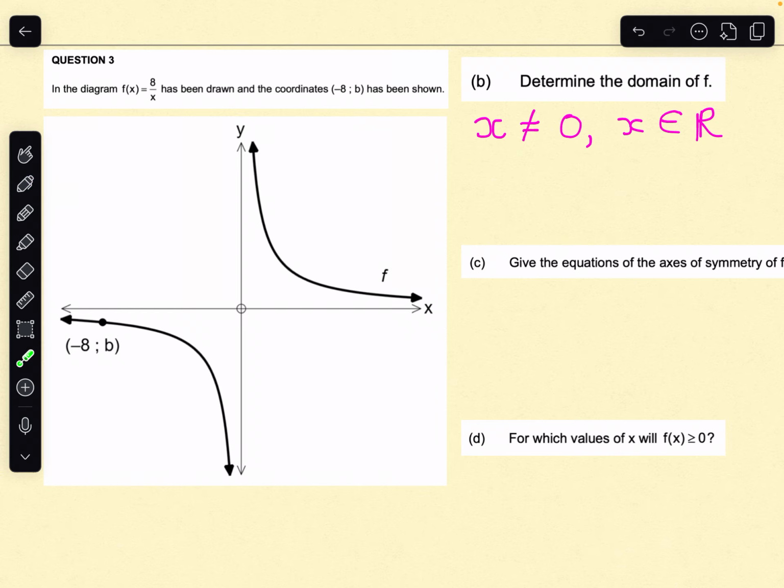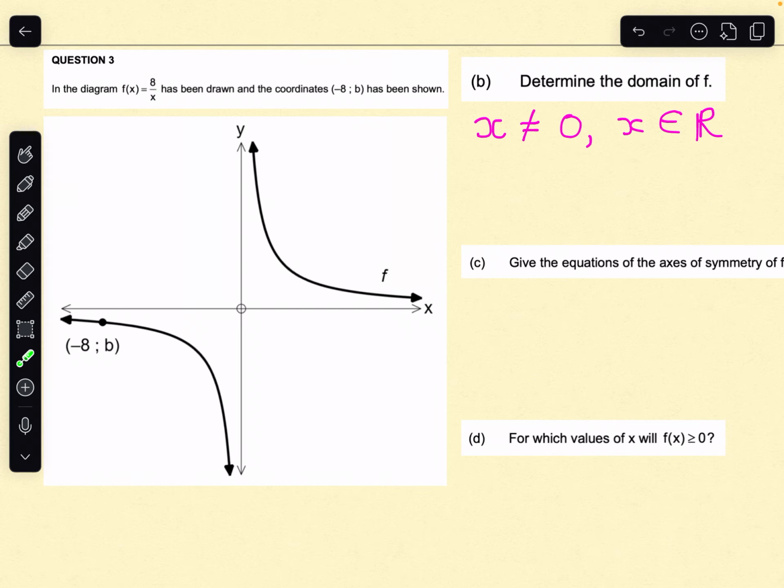Right. Give the equations of the axes of symmetry of f. So yeah, the axes of symmetry will only be affected if, again, we compare this function to y is equal to 1 over x, whose axes of symmetry are y is equal to x and y is equal to -x. Those axes of symmetry would only change if we had a translation to the left or to the right, or a translation up or down.